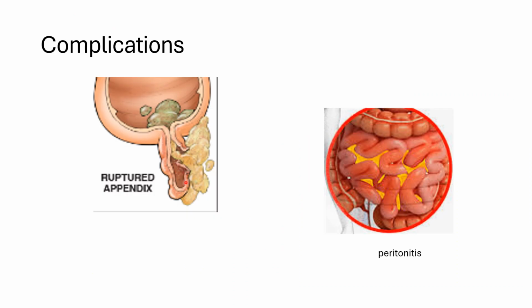Now let's see what the complications of this would be. Eventually, if we don't recognize that the patient has appendicitis, the appendix will rupture. With the rupture, the bacteria, bile, everything that's in there gets out of the appendix, exposing other parts of the stomach area to those bacteria.